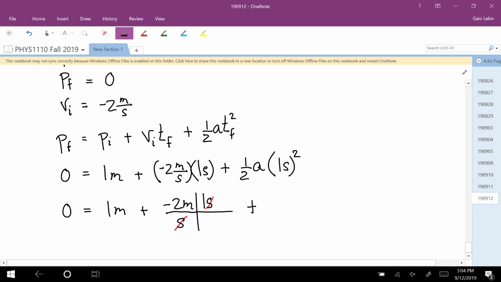And then plus 1 over 2 times A times 1 second times 1 second.